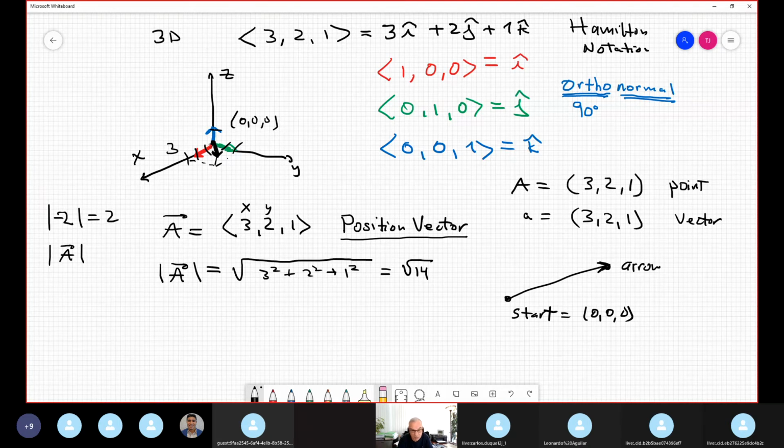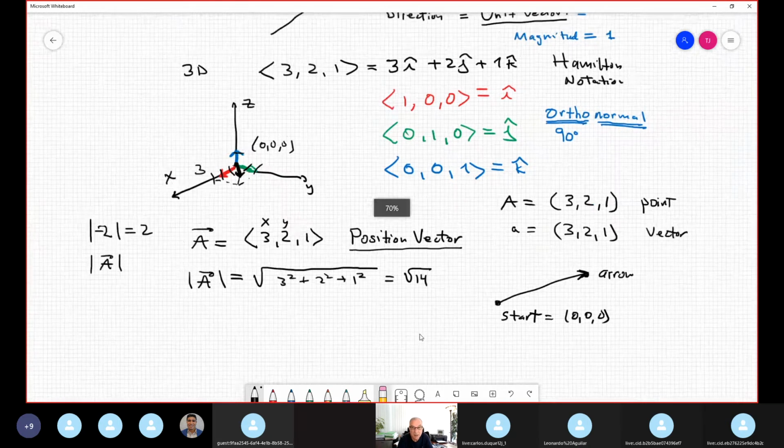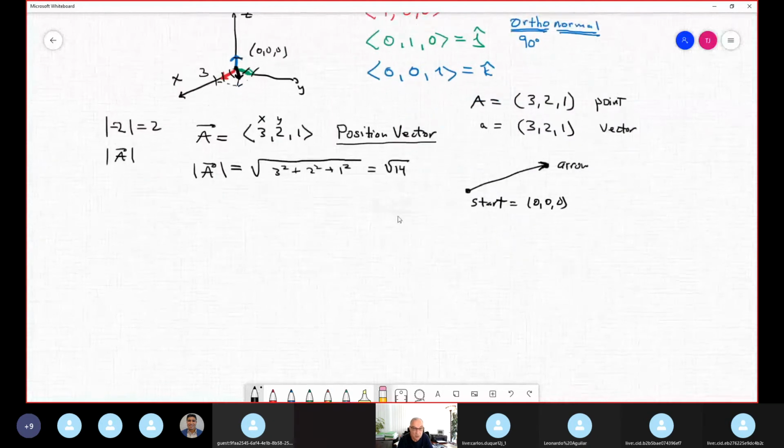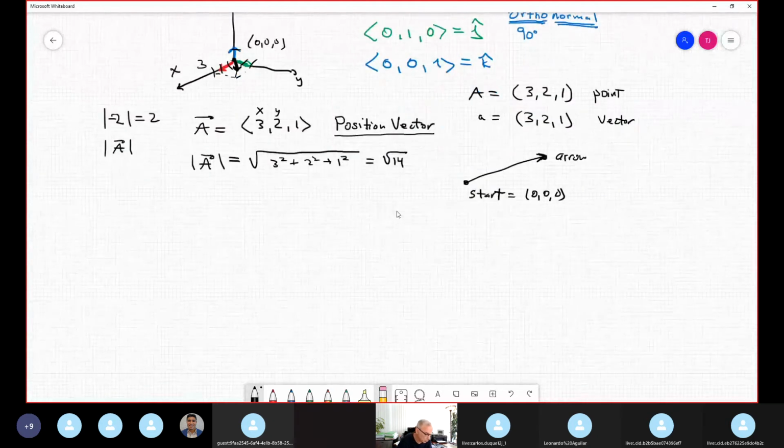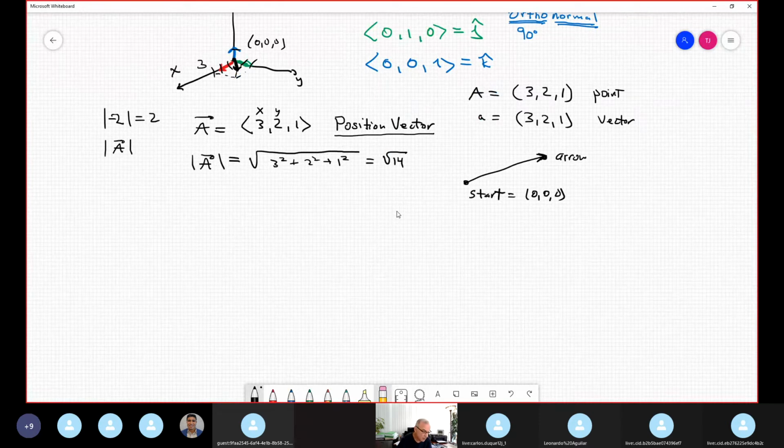However, in real life, you can find another vector between 2 points. Suppose I have 2 points. Find the vector that represents the line segment. For example, you have a point A, which is the point 2, negative 3, 4. It's a point, not a vector.